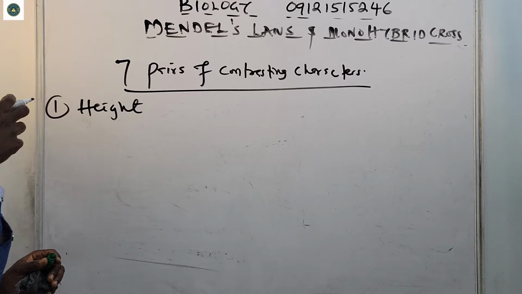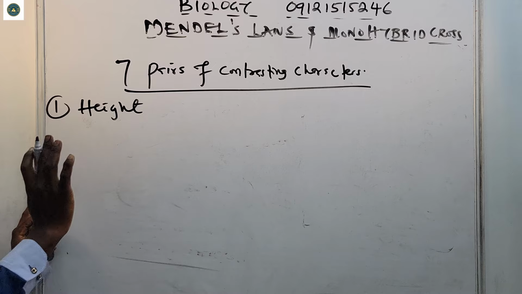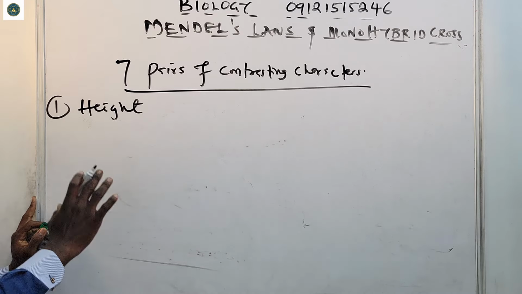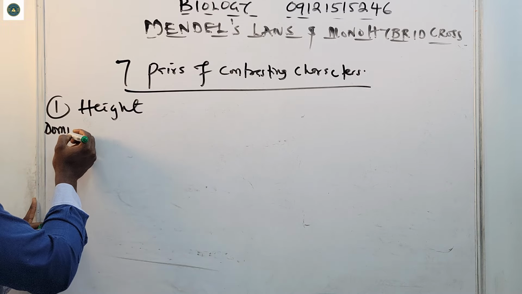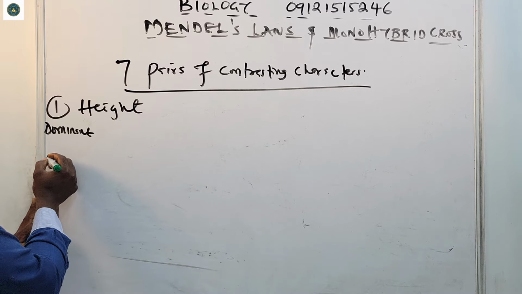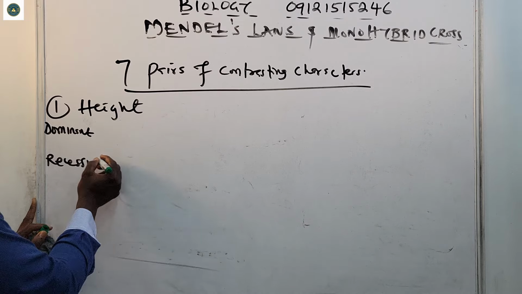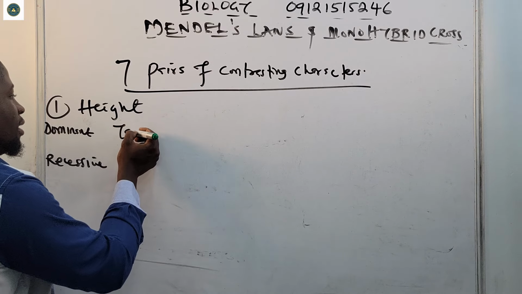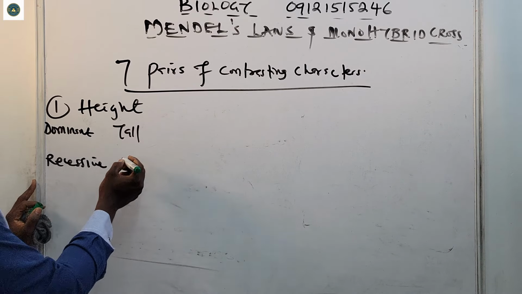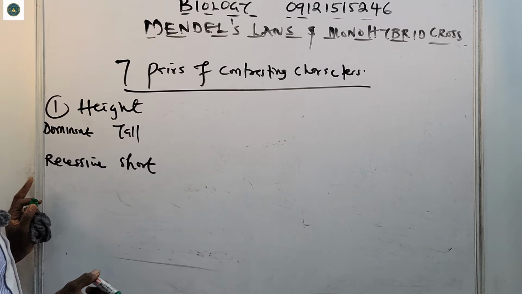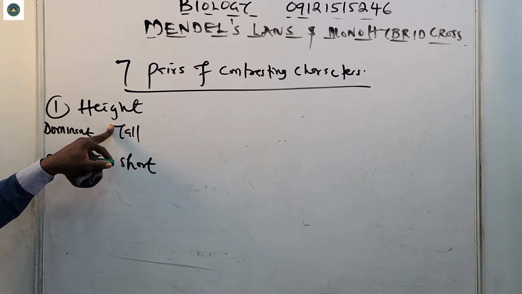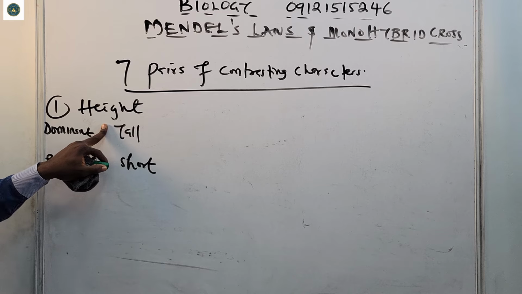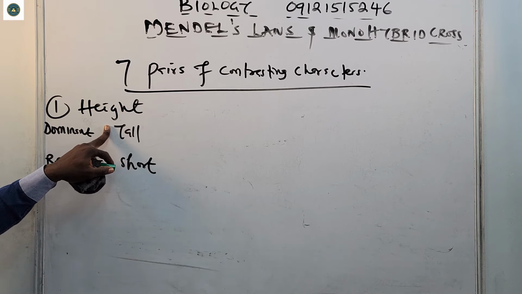We look at the dominant trait and the recessive trait. For the height, the dominant is tall and the recessive is short. So the height was one of the contrasting characters that the pea plant had.